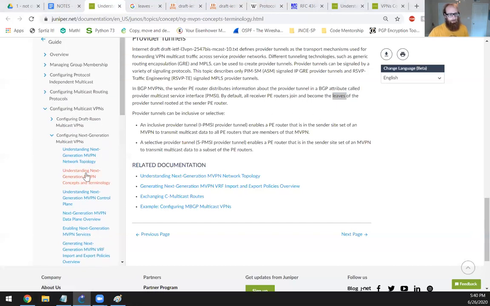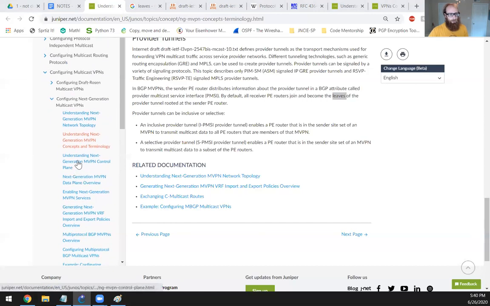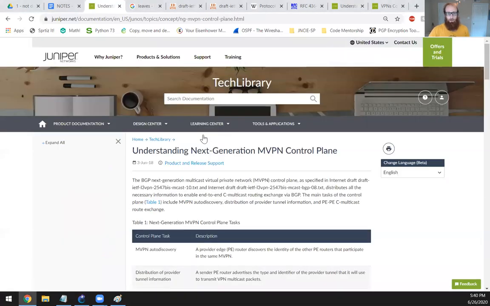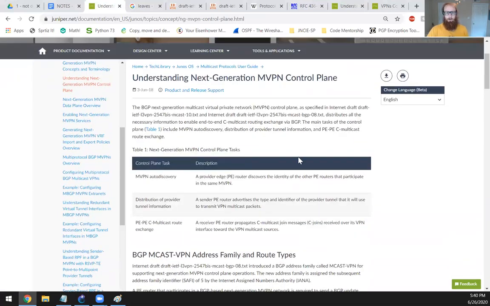Okay, so let's see here. Understanding... so this is where it starts to get... oh, okay, no, this whole section is just for next generation multicast VPNs. Okay, so understanding the next generation MVPN control plane.